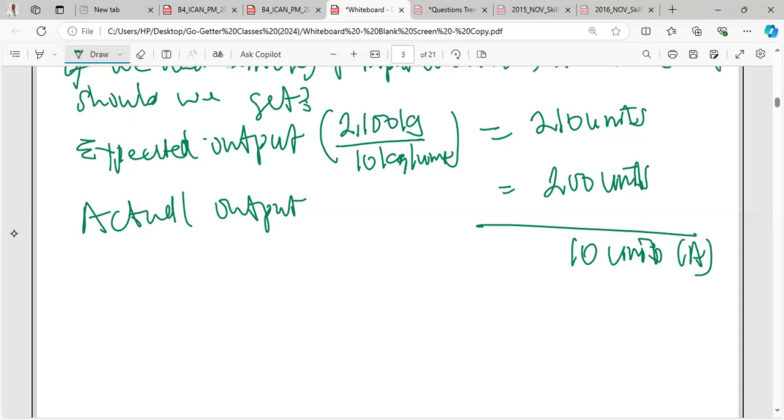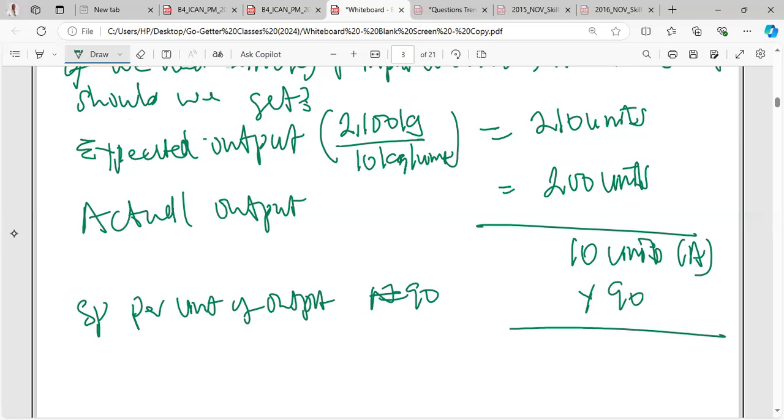Then standard price per unit of output happens to be 90 naira. So we are going to multiply by 90, and that gives us 900 adverse.